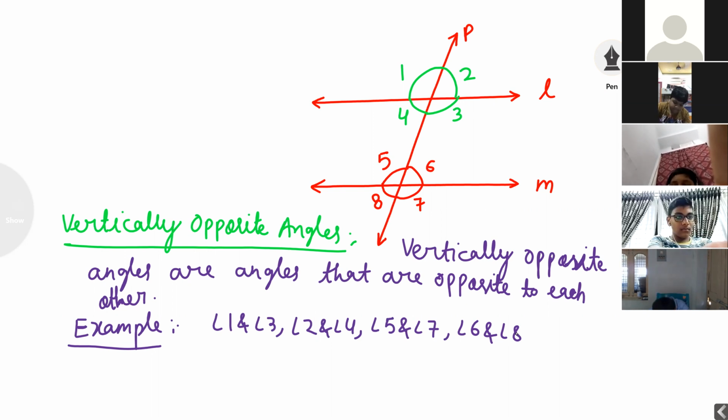Next class we'll learn that property also. How many concepts have I completed today? 3 concepts.